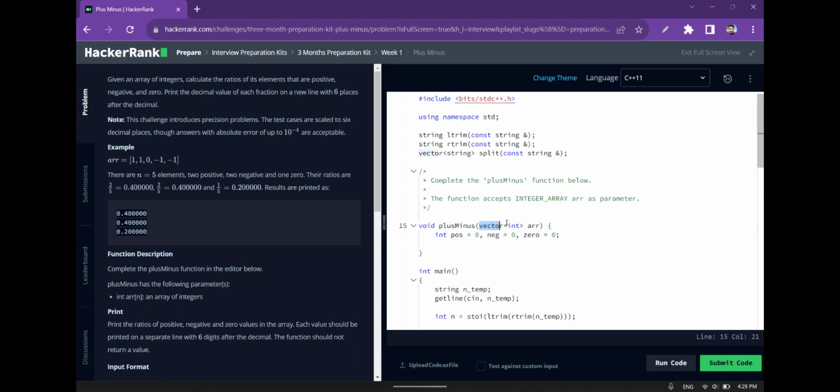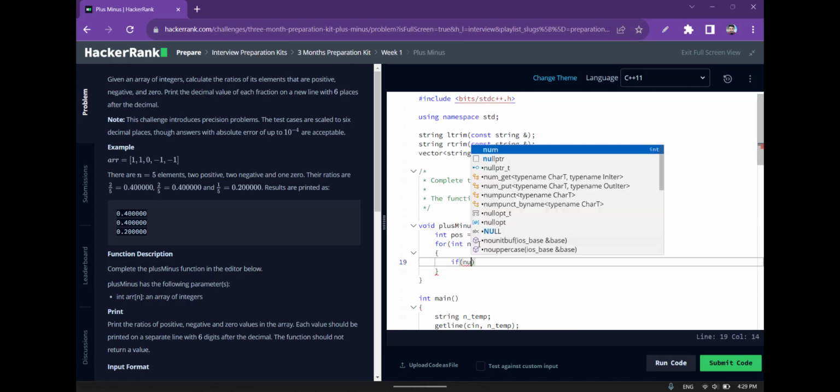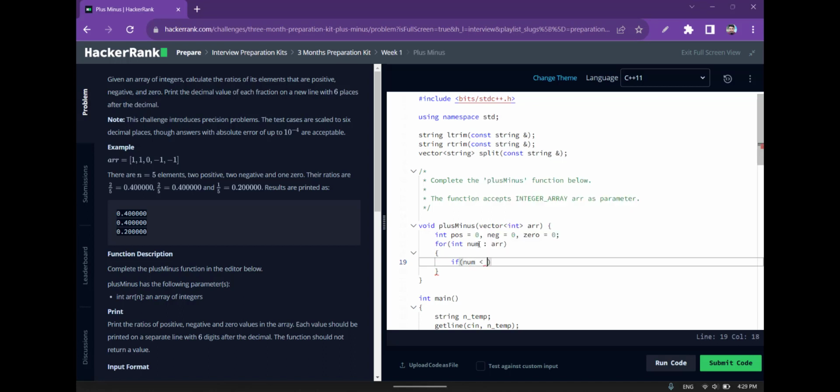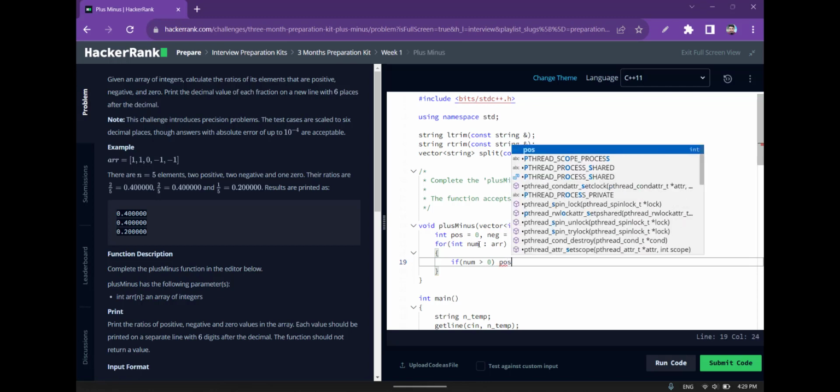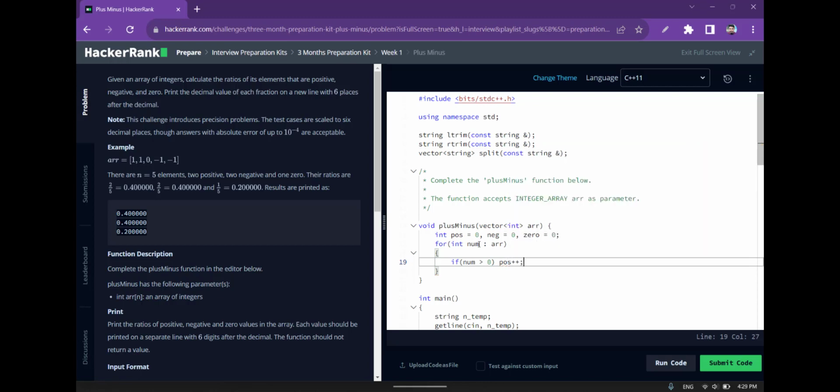Here we can see that one vector is given, and we can iterate over it using the for each loop in arr. Now in this iteration we need to check if a number is positive, negative or 0. If the number we are currently at is greater than 0, then it is positive, so we need to increase the positive variable.